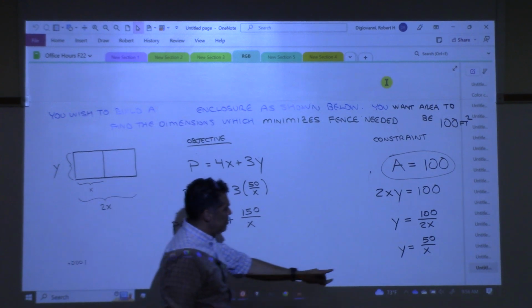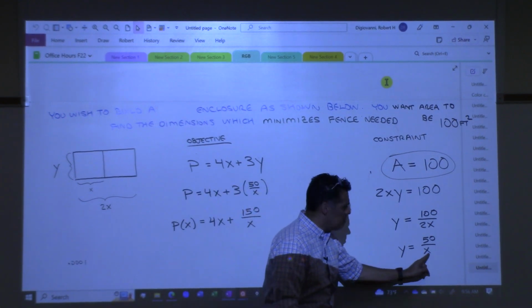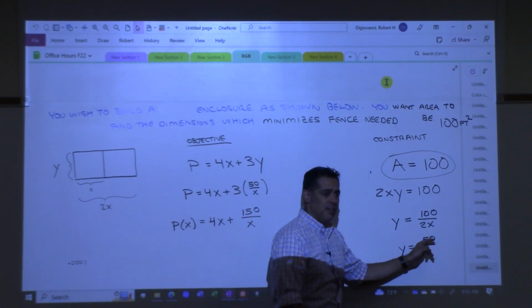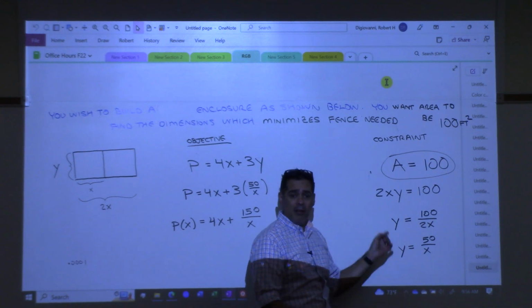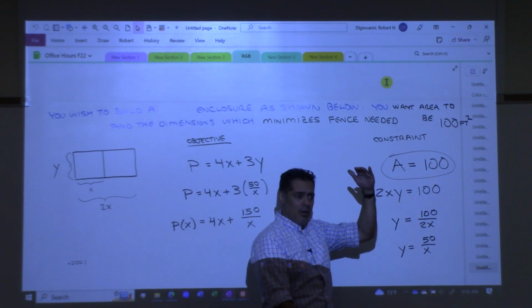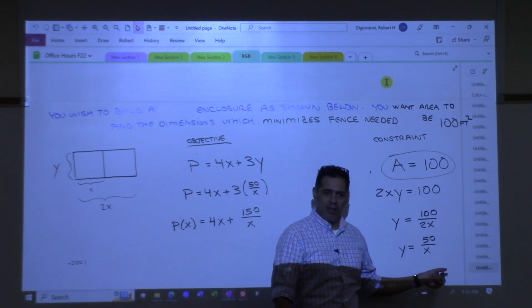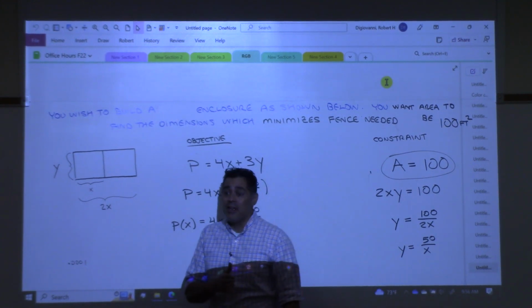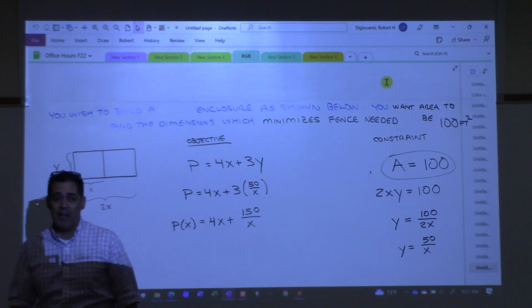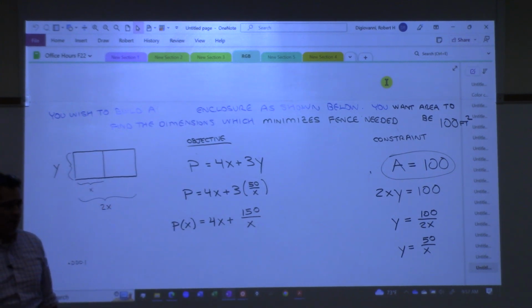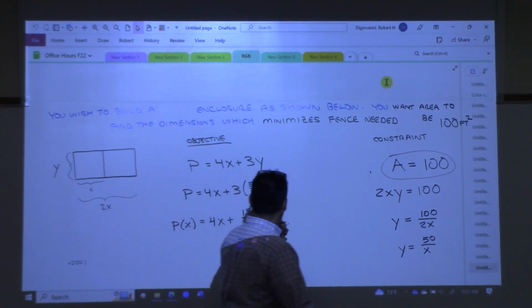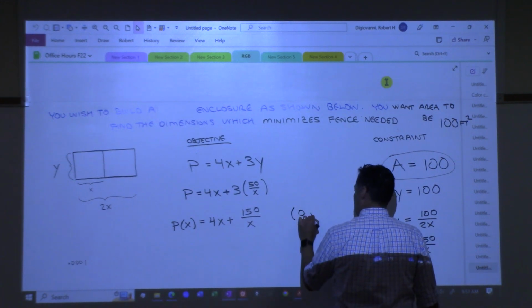If I put 0.0001 right here, take 50, divide it by that, that's going to give me the y value. It'll be huge. So I can do that, but I can't do 0 or else this is undefined, which means I can do everything up to 0 but not including 0, which means this is an open interval, not a closed interval. So my domain here is 0, 2.